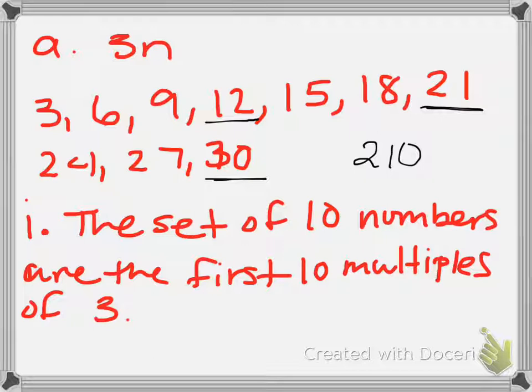Well, we know 3 times 7 would be 21, so we know then if I add a 0 to that 7 and make it 70, 3 times 70 would be 210 as well. These are the similar steps you're going to do for B, which is 7n, and C, which is 6n.